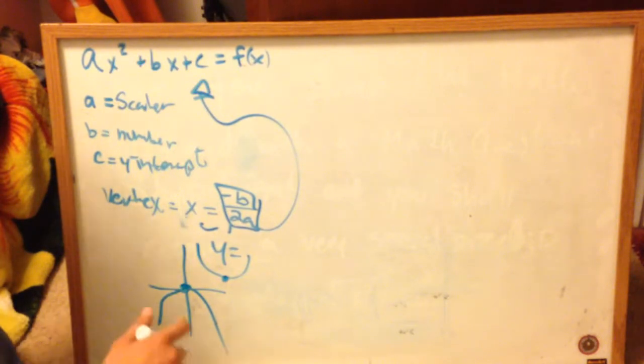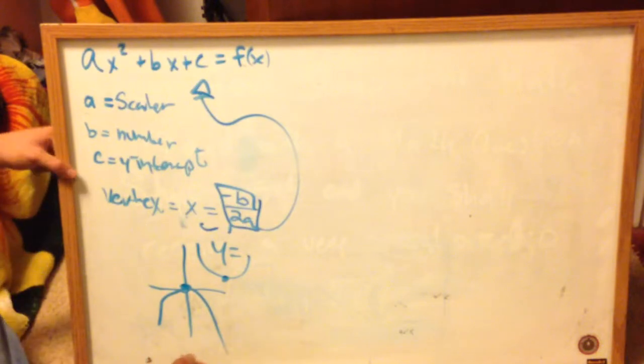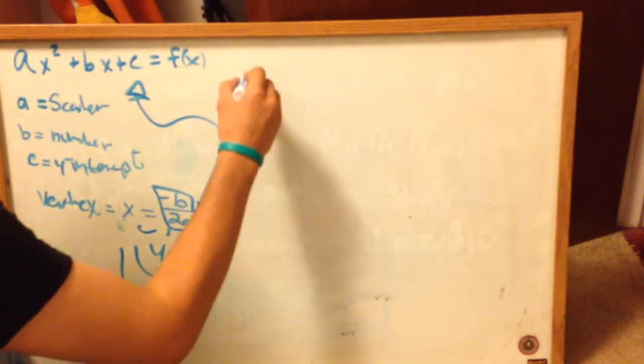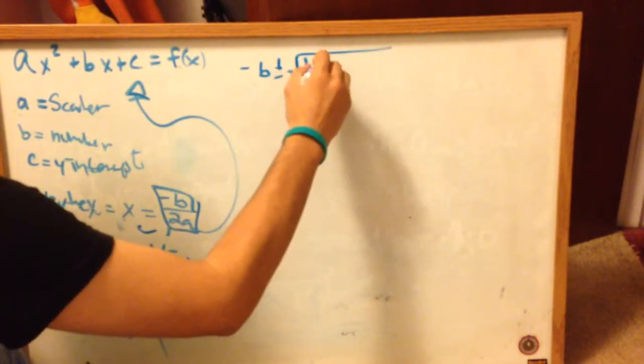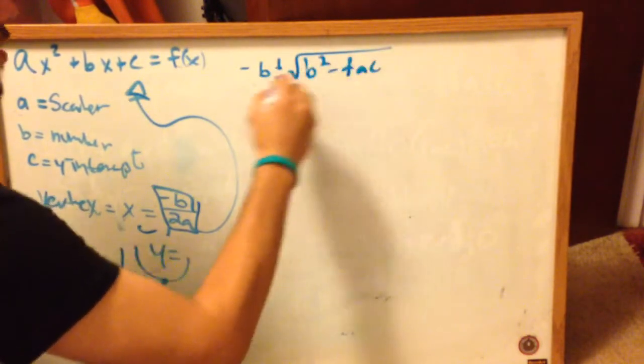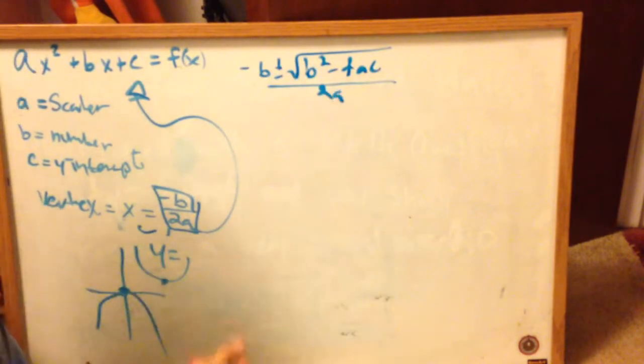Alright, now let's get down to something even crazier. Now, remember this, right? Negative b plus or minus the square root of b squared minus 4ac all over 2a. This gives you the x-intercepts, or the values where the function crosses the x-axis.